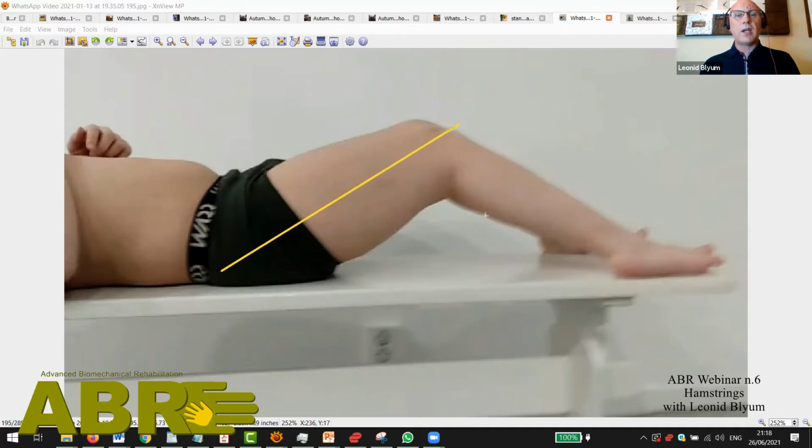In physical therapy, we've got the measurement of the angle between the line of the femur and the line of the lower leg, right? And then comes the estimate of the comparison of the position of the leg, the maximum angle of extension of the leg in comparison to the straight line.